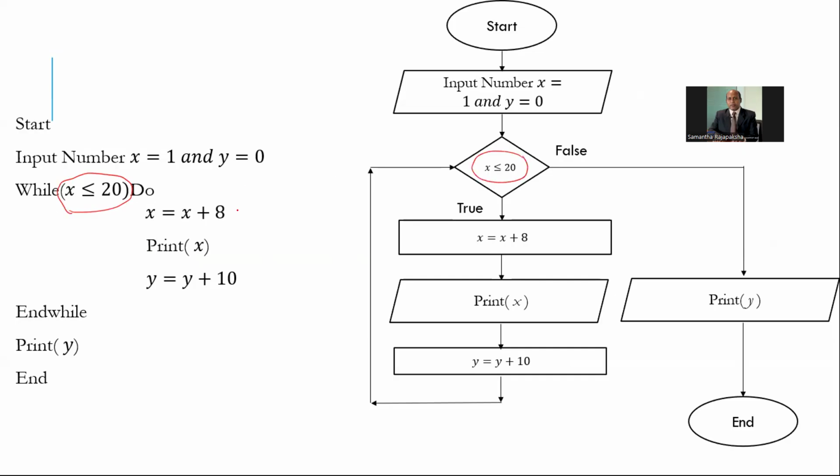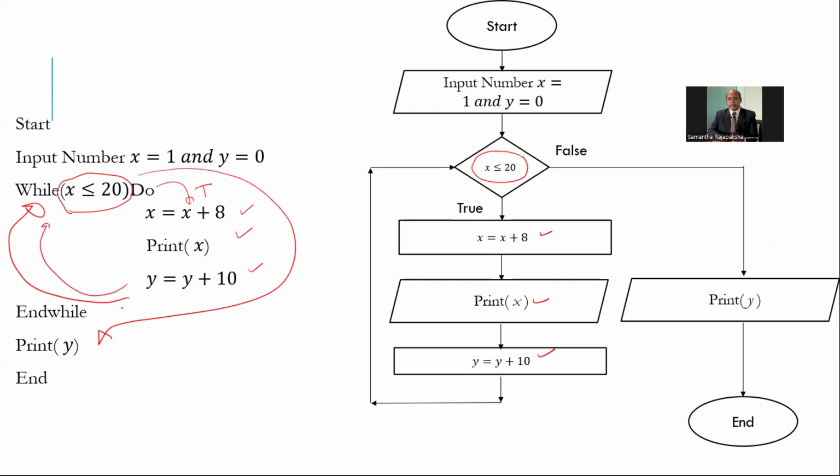If the condition is true, execute these three and come back to the loop again. If the condition is false, come to this line. This is how it works.